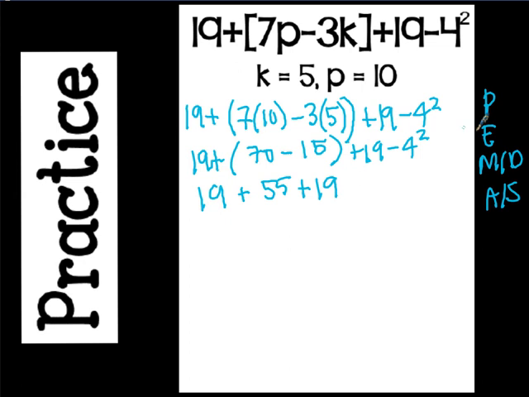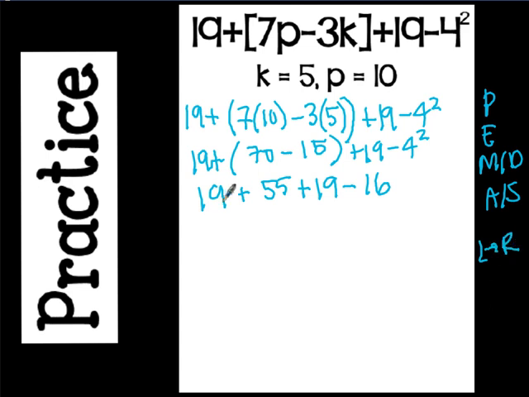Now I have my exponents that I need to deal with. So I'm going to go ahead and just move that from here to here. So I'm going to keep the sign the same, but what is 4 squared? 4 times 4 is 16. So I write 16. Now I don't have any multiplication or division to work with. I just have addition and subtraction. And when we use these 2 steps, we have to go from left to right.